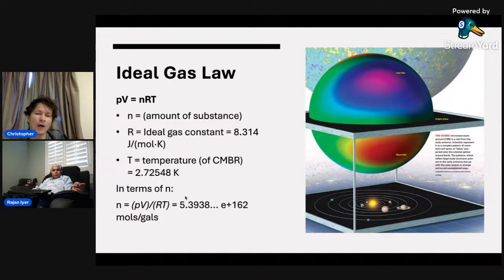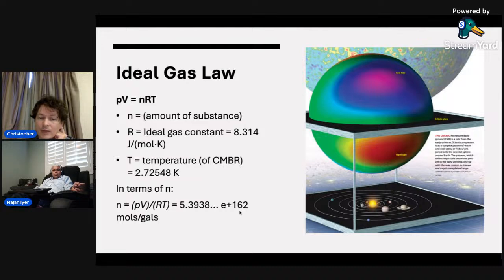So this implies that the amount of substance in the universe is 5.3938 10 to the power of 162 particles, but that could include galaxies as particles.